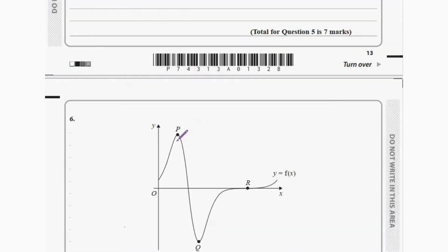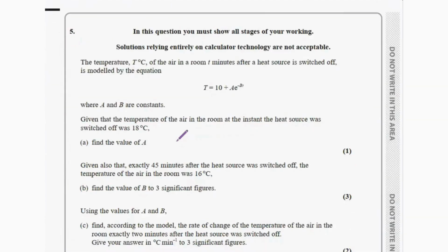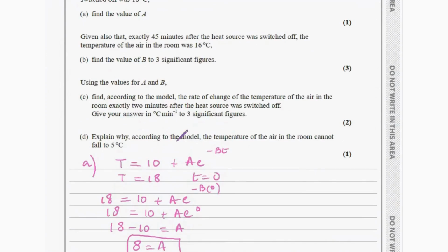Then it says that given also that exactly 45 minutes after the heat source was switched off, so this is your small t value, the temperature of the air in the room was 16 degrees Celsius. This is your capital T value. You have to find the value of B to 3 significant figures.